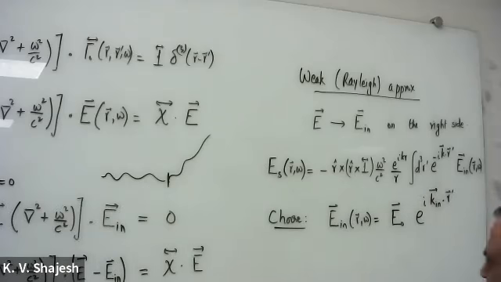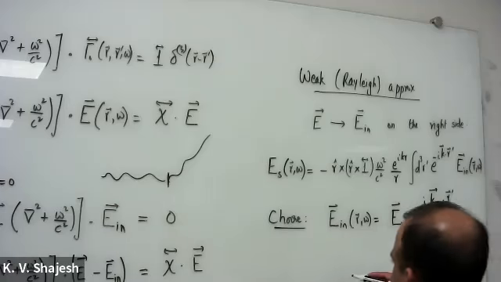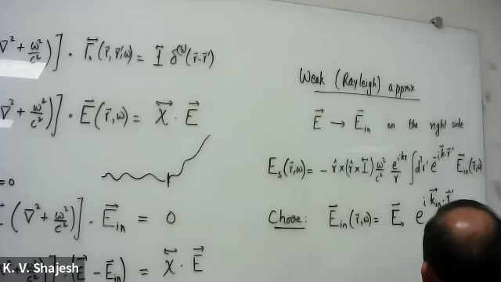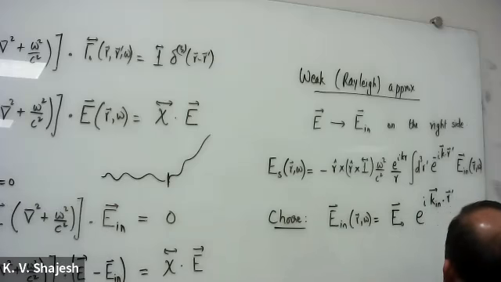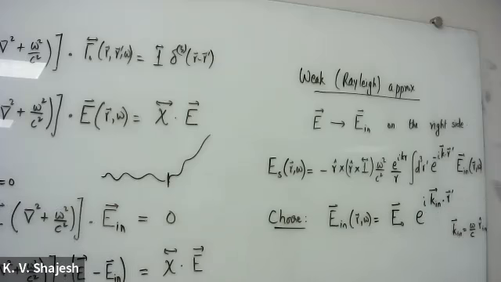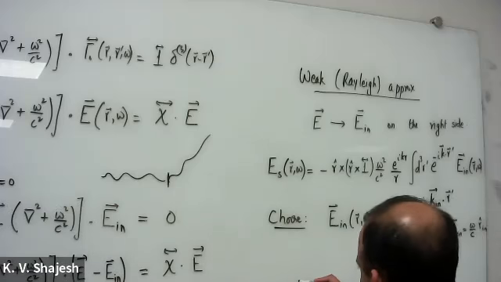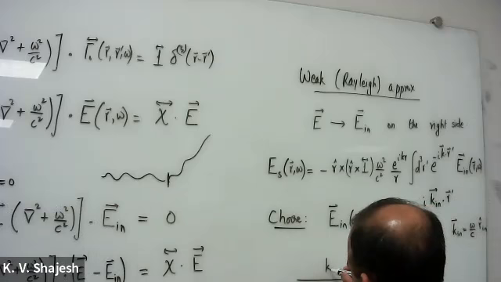And K incident, let's say, is equal to omega over c times r hat incident. So what does that mean? There is a wave that comes in, right? That's my K incident.